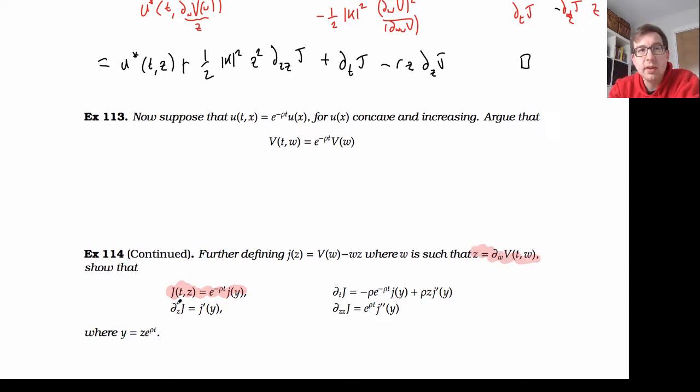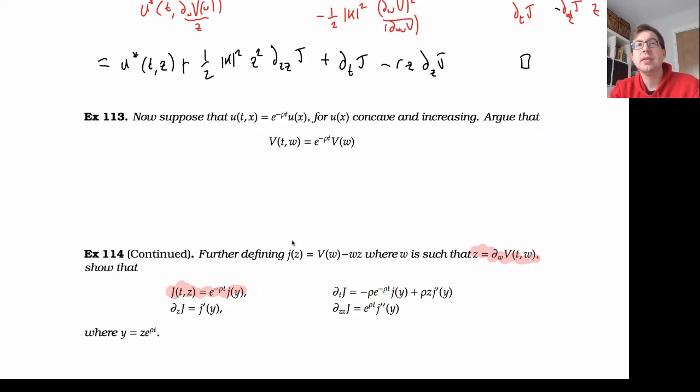Then we can look at the partial derivatives of capital J and relate them to the normal derivatives of little j. I'm going to leave it to you to do those calculations, all of them fairly straightforward.